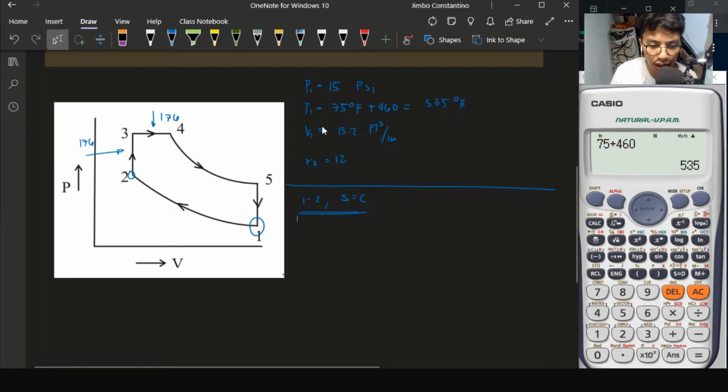Meron na akong RK. T2 is equal to T1 RK raised to K minus 1. So, T2 is equal to 535 degrees Rankine multiplied to 12 raised to K minus 1. That is, K natin is 1.4 for air.